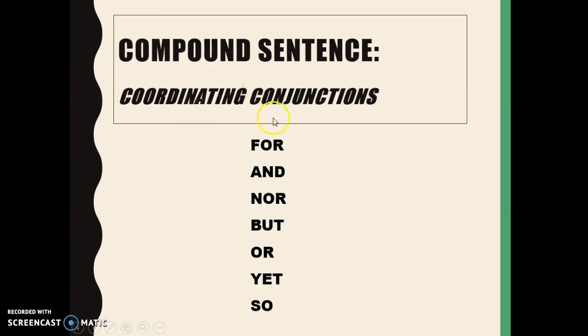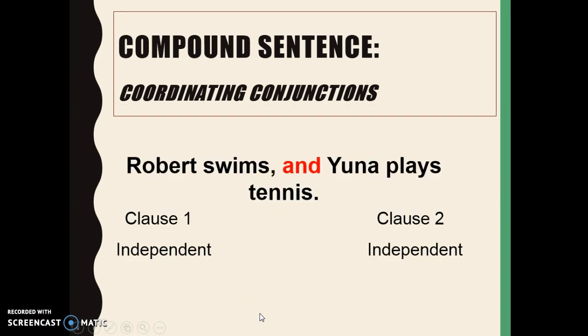So here are the coordinating conjunctions: for, and, nor, but, or, yet, so. Or we can call them FANBOYS. Okay? FANBOYS. Got it?